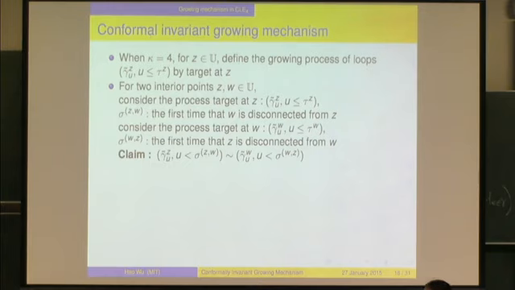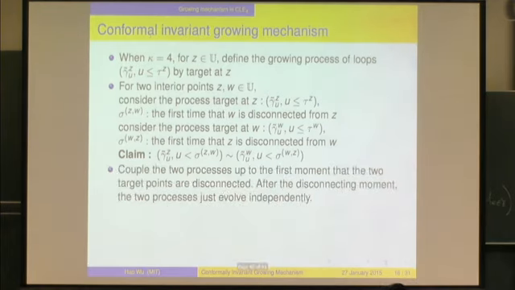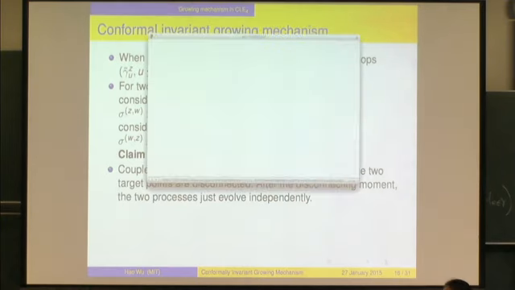And this is due to the fact that this bubble measure is conformally invariant. Since the two sequences have the same law up to the first disconnecting time, in fact, we can couple these two processes so that up to the first disconnecting time, they are identical. And after this disconnecting time, they just evolve towards their target points independently.